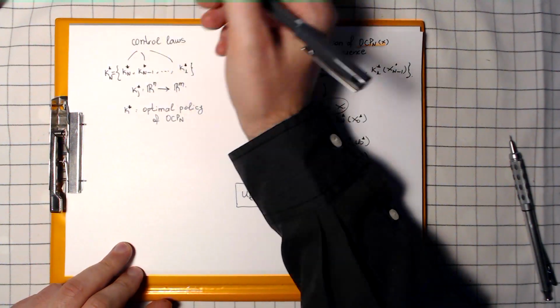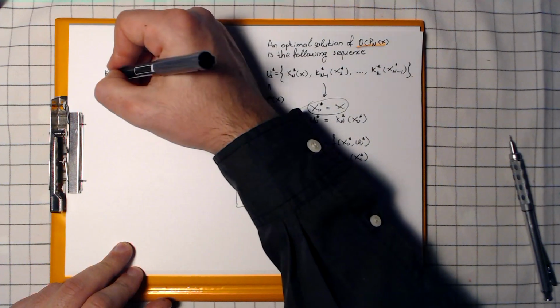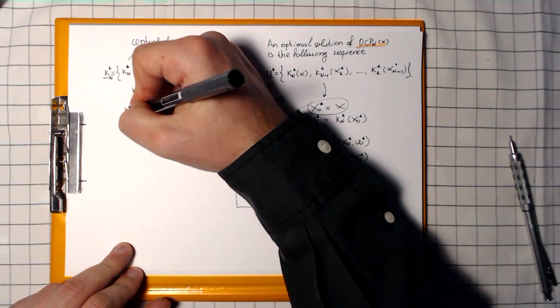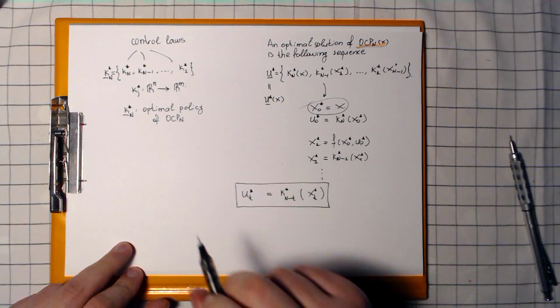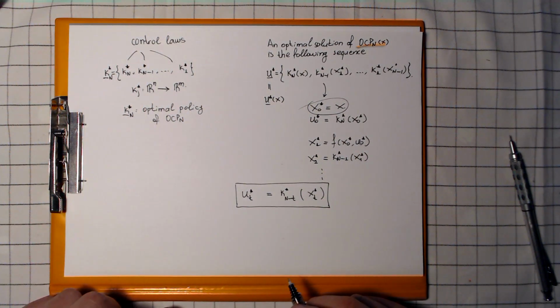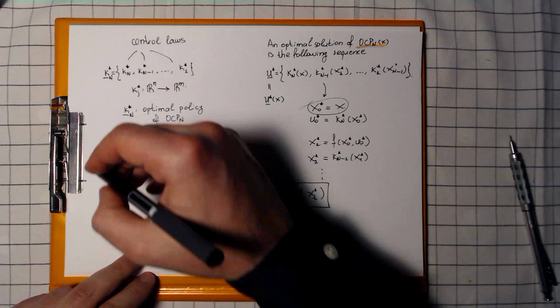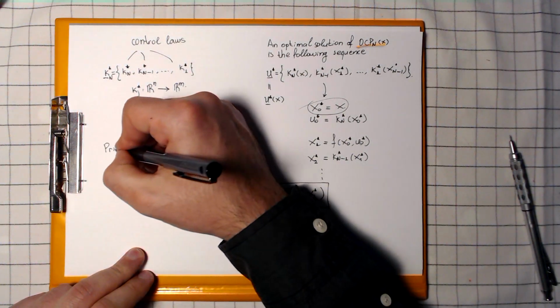We need n to remember that this has horizon n, and let's underline it to denote a sequence. So kn star underlined is an optimal policy of OCP n. There is the following result, which is why the dynamic programming approach is so much more than a method for solving optimal control problems. And this is the principle of optimality.